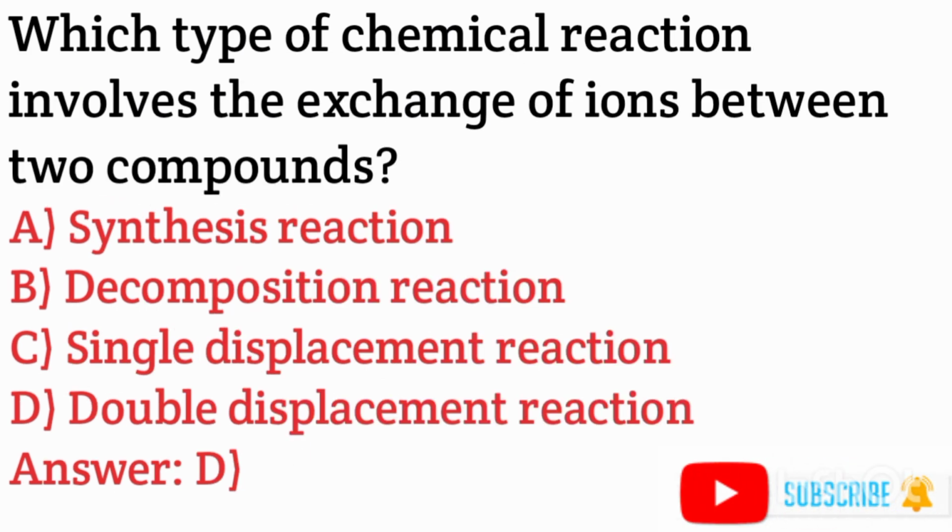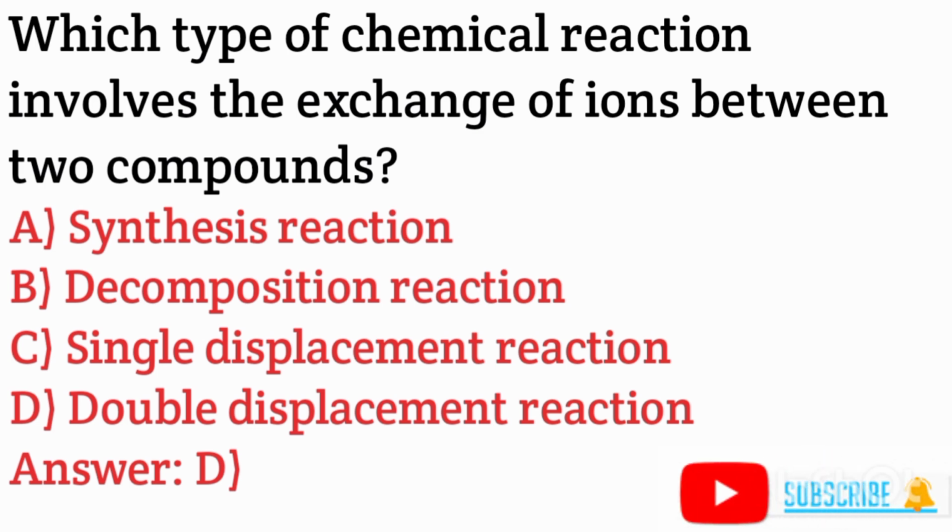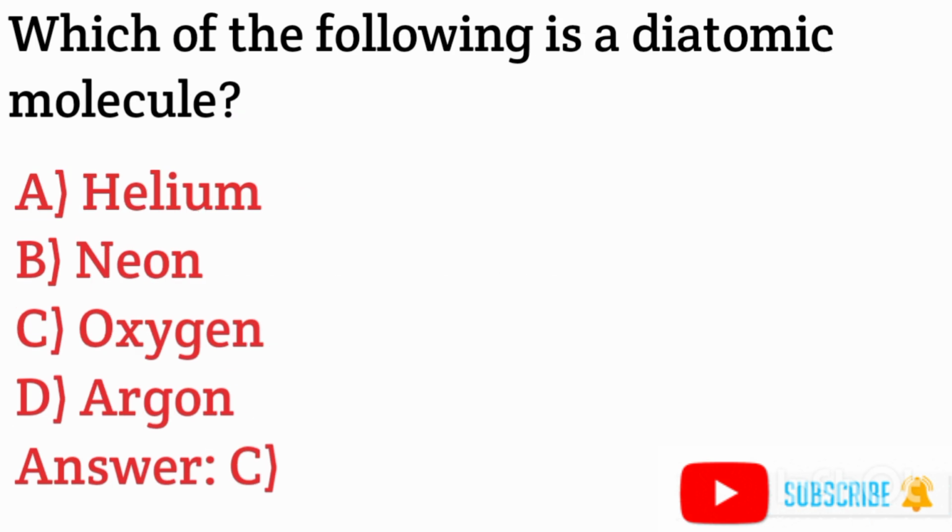Which type of chemical reaction involves the exchange of ions between two compounds? Double displacement reaction. Option number D is correct. Which of the following is a diatomic molecule? Oxygen. Option number C is correct.